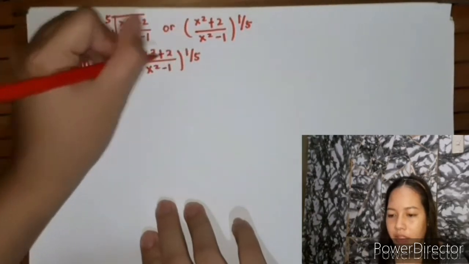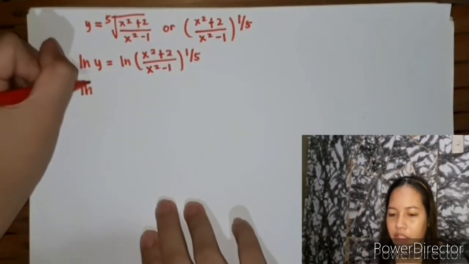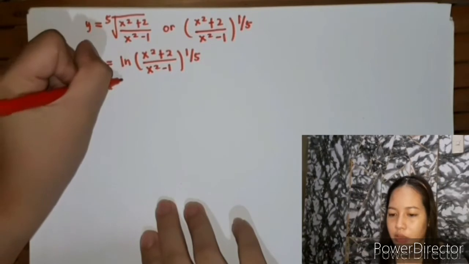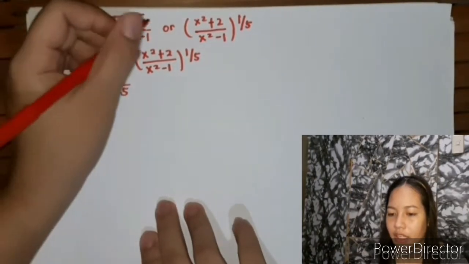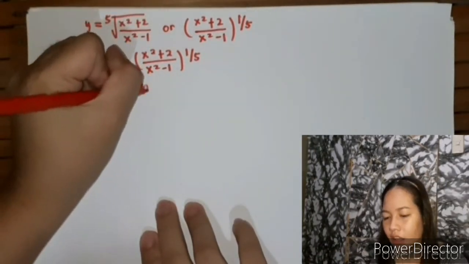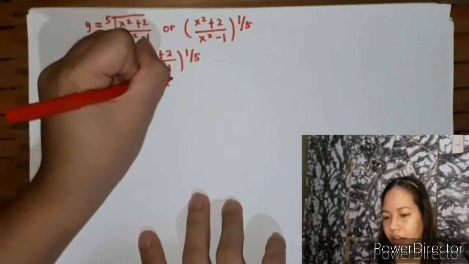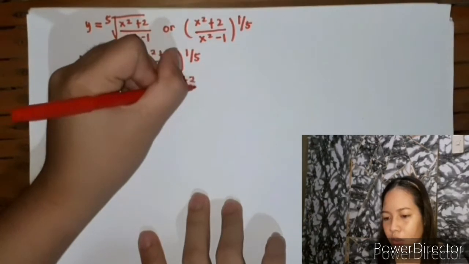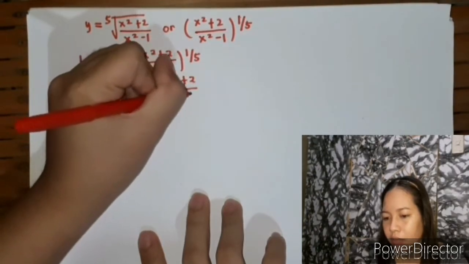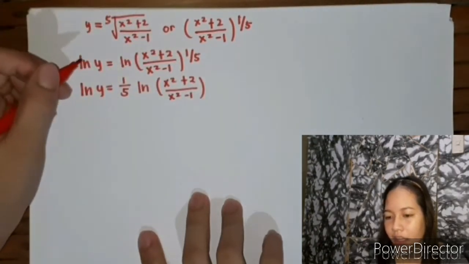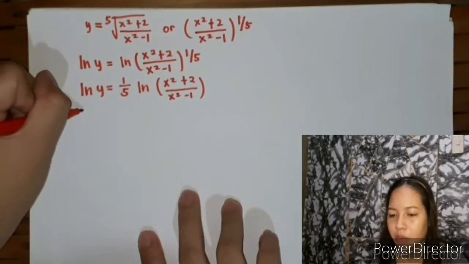It will become, the 1 over 5 will become our coefficient. It will become ln of y is equal to 1 over 5 ln of x squared plus 2 all over x squared minus 1. And then we will subtract both equations.